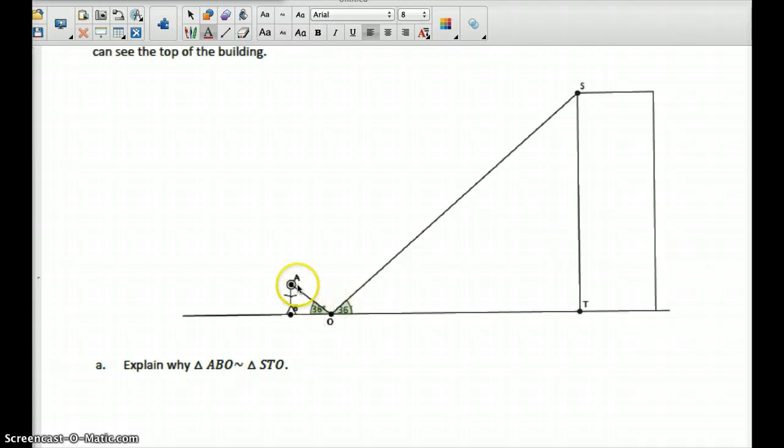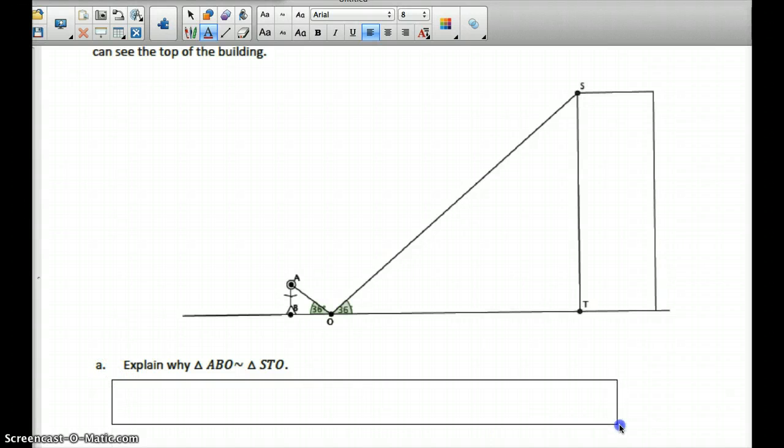And if I look, I don't know about the measure of angle A and angle S, but what I do know, angle T would be a right angle. And where the person's standing, angle B right here would be a right angle. So I know two sets of angles that are congruent. So based on the angle criteria, we're going to say that those are congruent, or I'm sorry, similar.